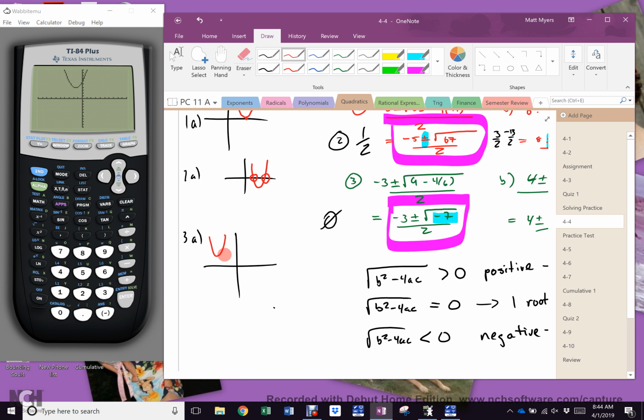Now, please notice that we did not need the graphing calculator at all, did we? If we could multiply 14 times 4, we could have done all this work without ever touching the calculator, yes?